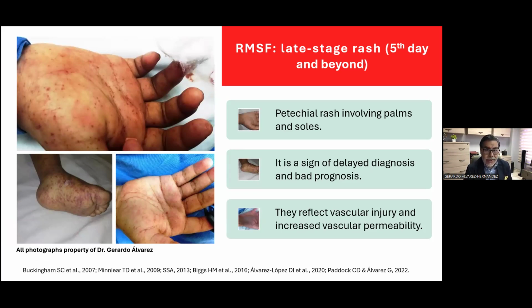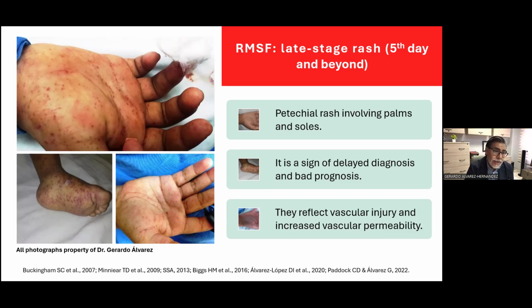But in this phase, in the RMSF late stage, the endothelial damage that I said is the key pathophysiological damage can produce skin lesions, as you can see in this slide.